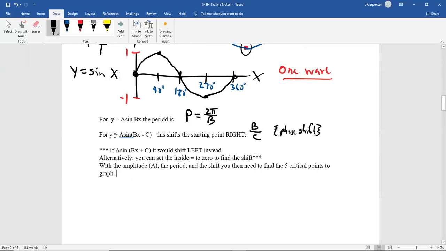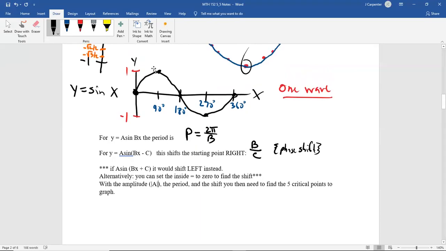So there's a few features you need. A, which is the amplitude. Now, I actually need to specify that a little more. It's not just A, it's the absolute value of A, because the original A could be negative. But the amplitude is the absolute value of A. The amplitude is the highest high or the lowest low of the wave.